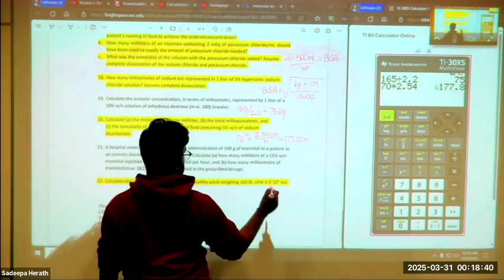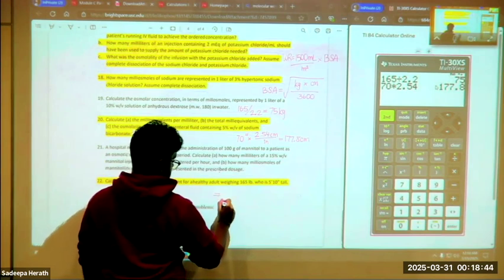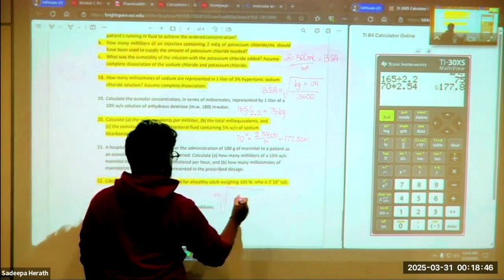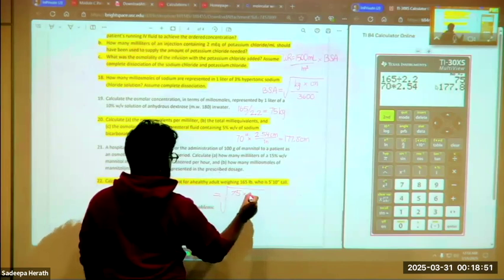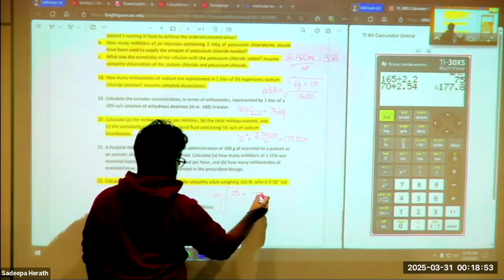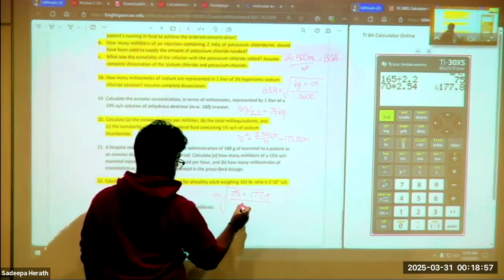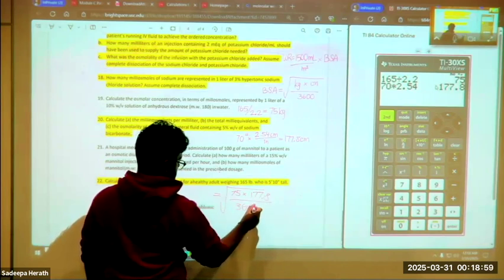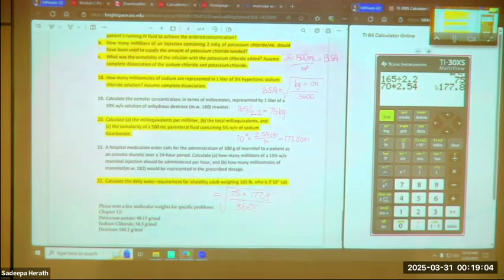Let's put that here. Equals 75 times 177.8 all over 3,600. So we can use our calculator in one go.